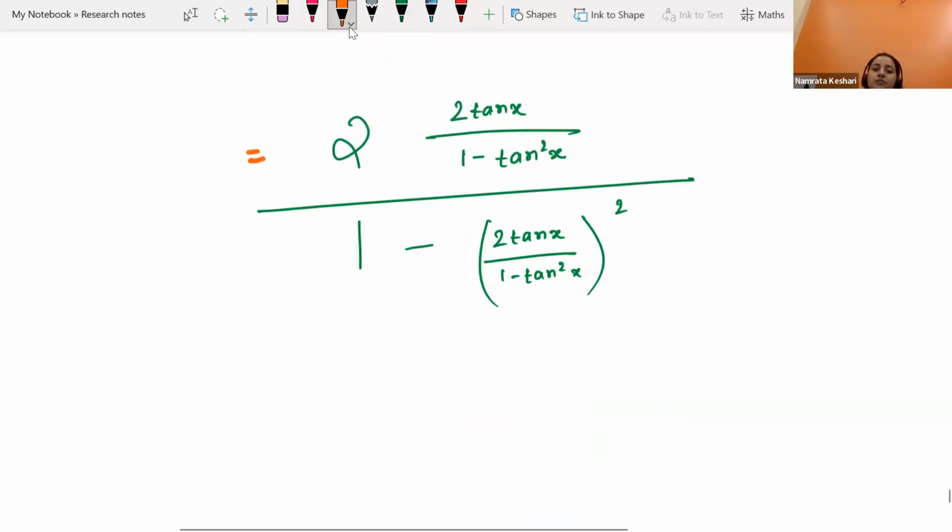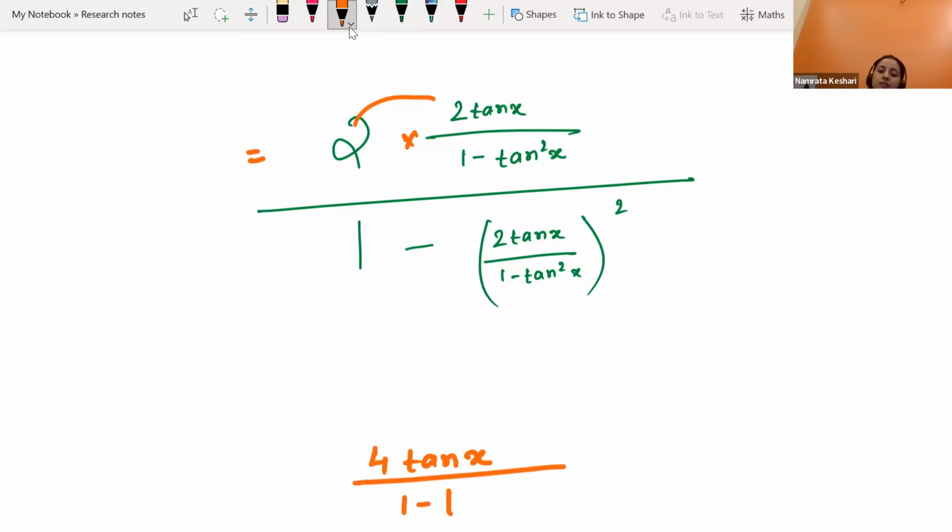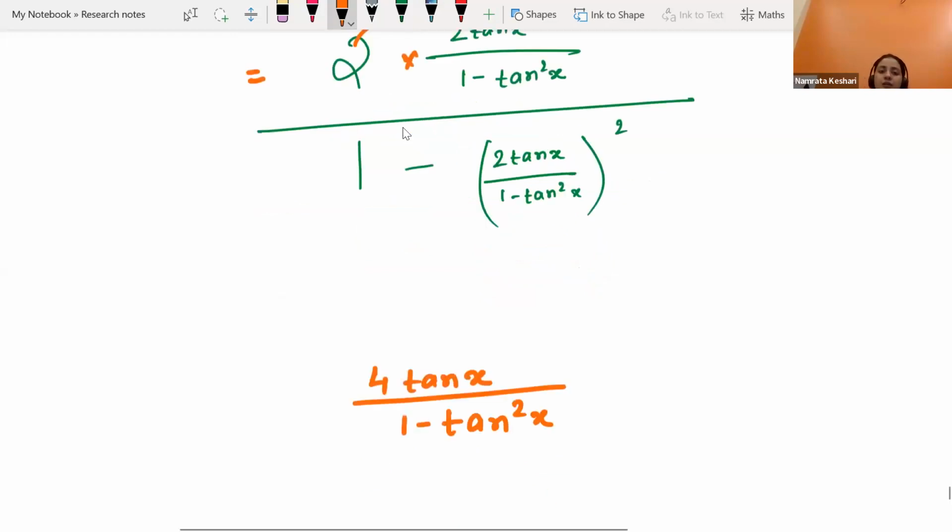So this 2 we can multiply with the numerator too. So it will be 4 tan x by 1 minus tan square x over 1 minus 2 tan x, that square we will be doing.